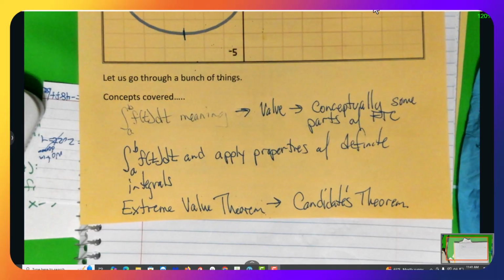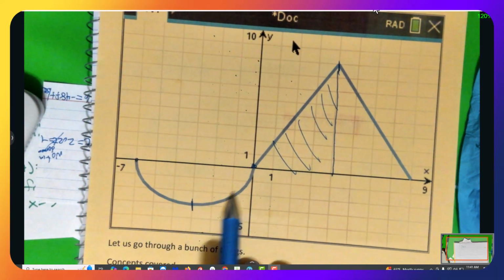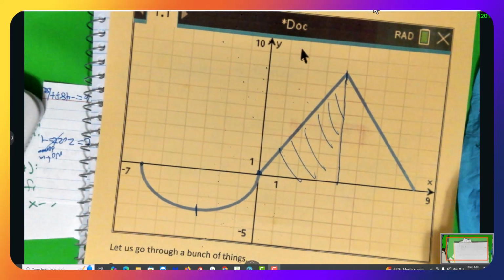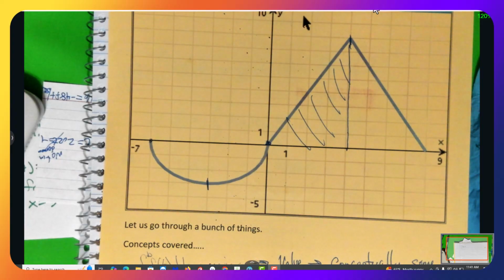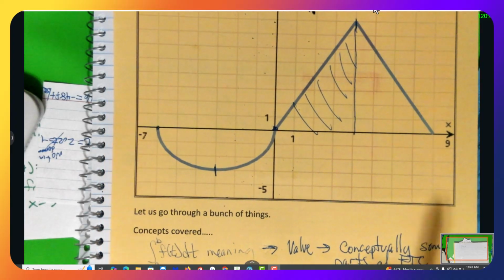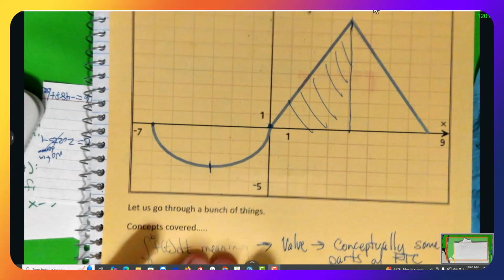Wait a minute, but Mr. Wright, wait 1 second. Is f continuous? It is. Therefore, the accumulation of area is continuous on the closed interval from -6 to 8. So that means g of x is continuous because we just walked through the logic. Okay, so hold on 1 second.